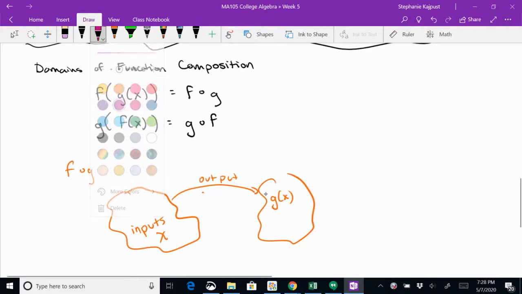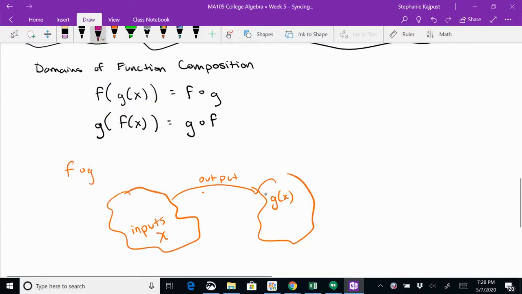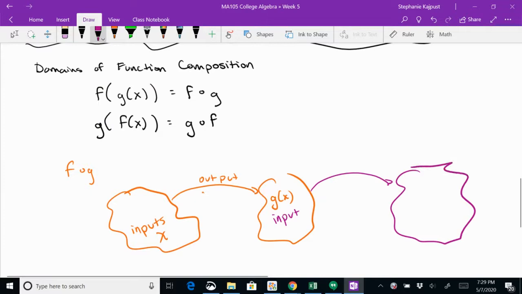Then, with a function composition, your g of x is now the input into f. So you take your y values from g of x, your outputs of g, and now you're plugging them into f. So you now have f of g of x, because you're taking what you got out and plugging it into a new function.